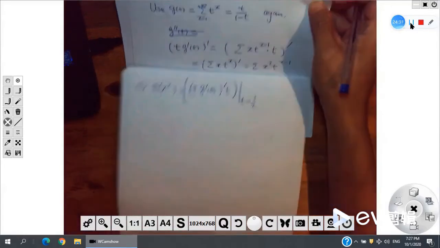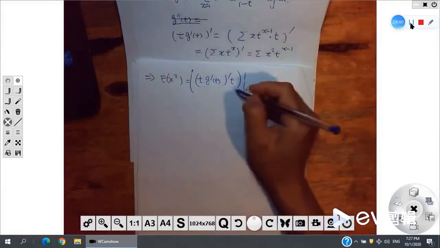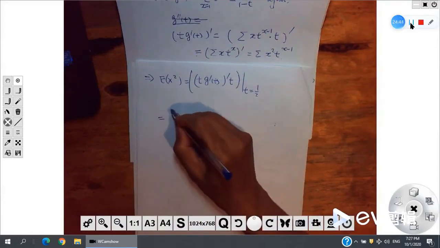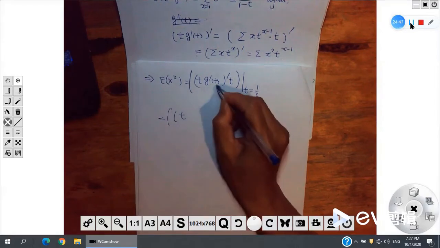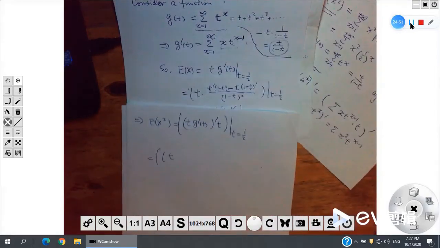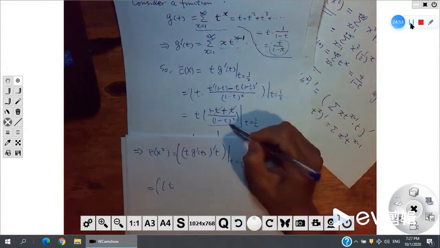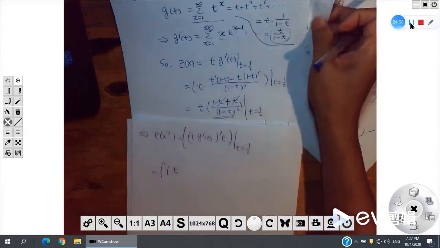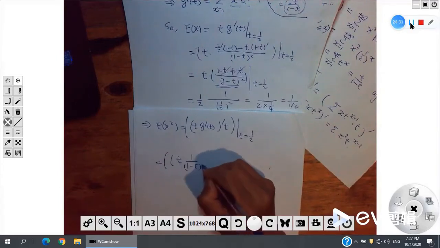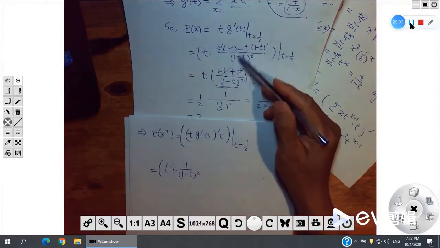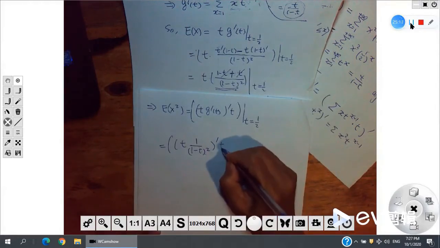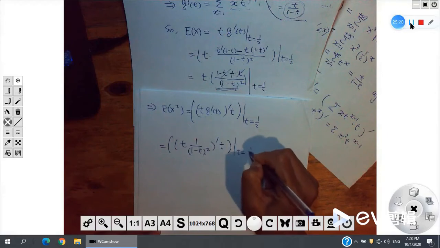Now we have a similar but more complex one. Now let's plug in the values. We take the derivative first. It is t times g prime. What is g prime? We already calculated it before, so I can use this one. g prime is 1 over (1 minus t) squared. Then the derivative again, times t, where t is 1/2.